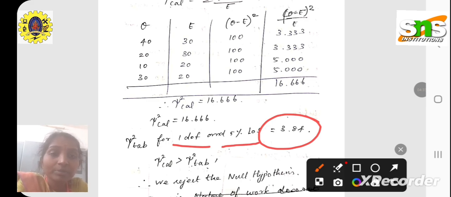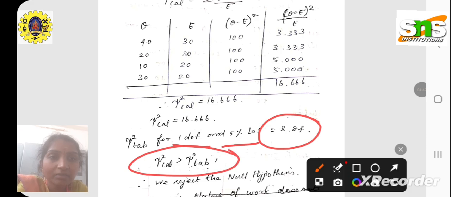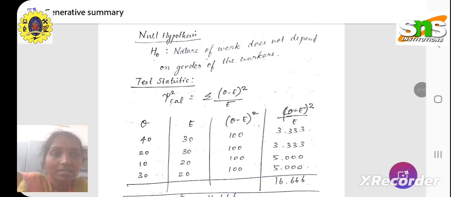In the next step, we compare the calculated value and the tabulated value. Our calculated value is 16.66 and our tabulated value is 3.84. So, the chi-square calculated value is greater than the tabulated value. So we reject the null hypothesis, that the nature of the work does not depend on the gender of the workers.